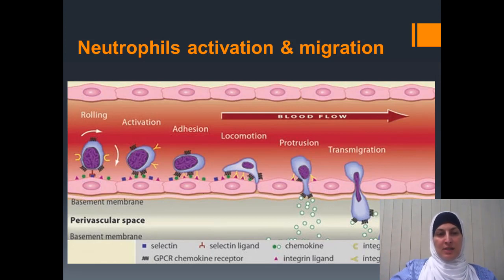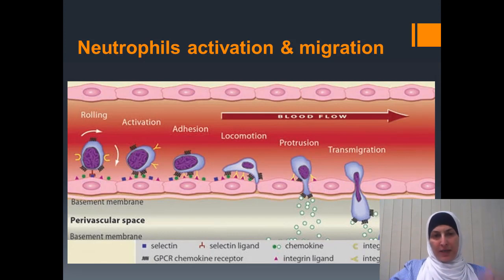So here the white blood cells will start to slow down because of the interaction between these receptors and the chemokines. They would be attracted to the margin, and because it used to move at a very high speed, and all of a sudden it had to slow down, it will start rolling and jumping on the margins of the blood vessel.